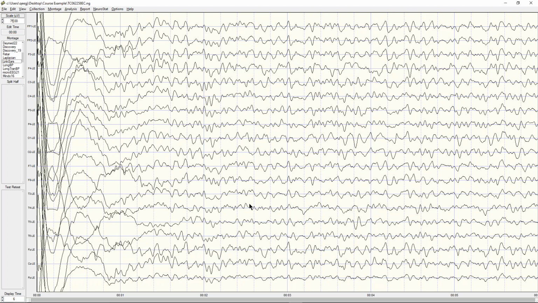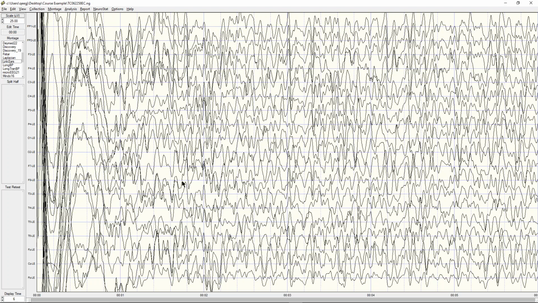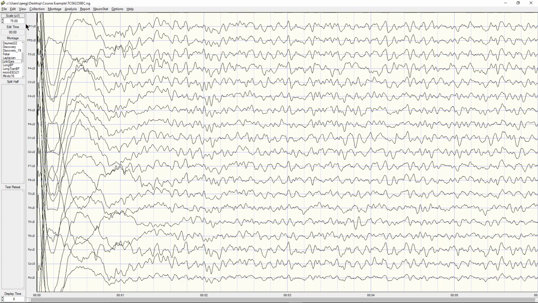And we see a pretty good example of the EEG represented here. If I got to, for example, a 300 microvolt scale, I wouldn't get enough detail. If I went down to a 25 microvolt scale, I would get so much detail that everything would be running into itself. So what I want to do is have an appropriate scale for this particular recording, and everybody's EEG is different within a certain range. A 75 microvolt scale gives me the ability to see all the detail, but not to have everything running across each other.